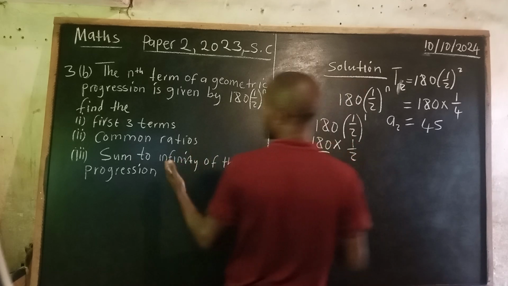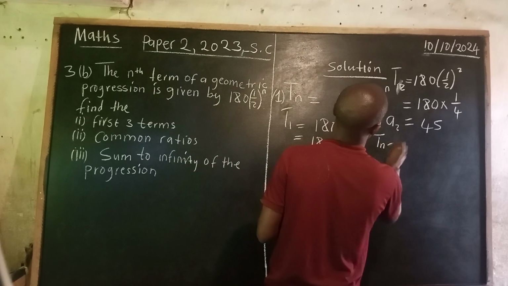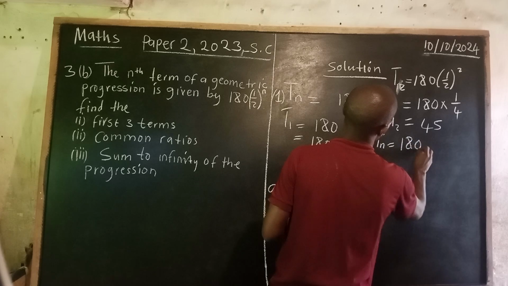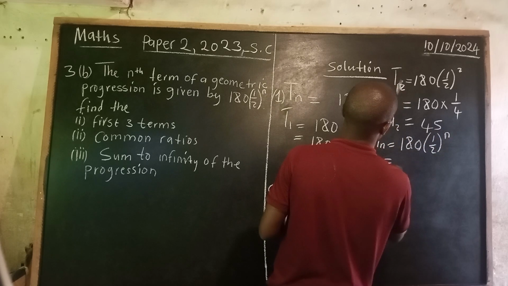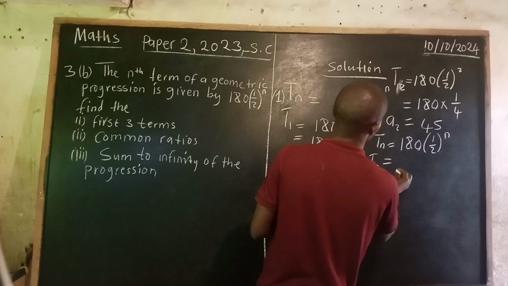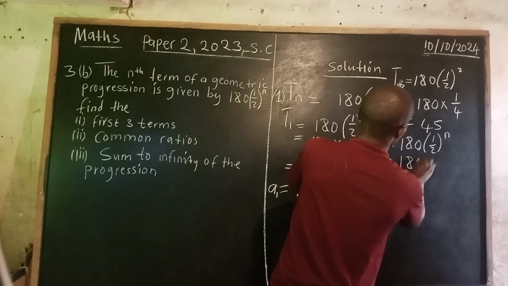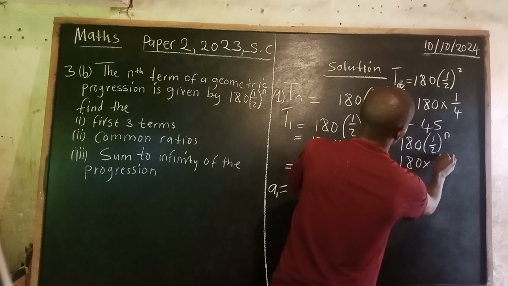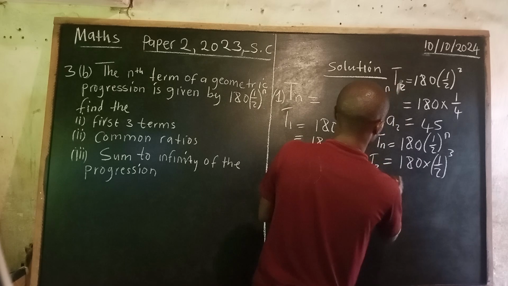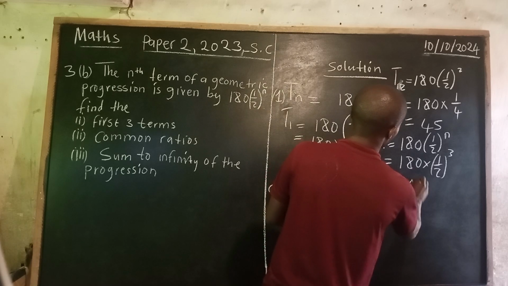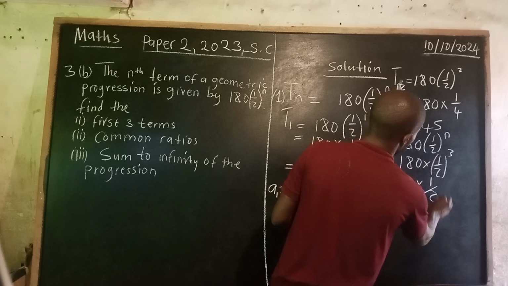Then we go to the third term. Again we write the nth term first, the one that we are given, 180 times 1 over 2 to the power n. Here we put 3 there. So 180 times 1 over 2 power 3. This cube is 1 over 8.